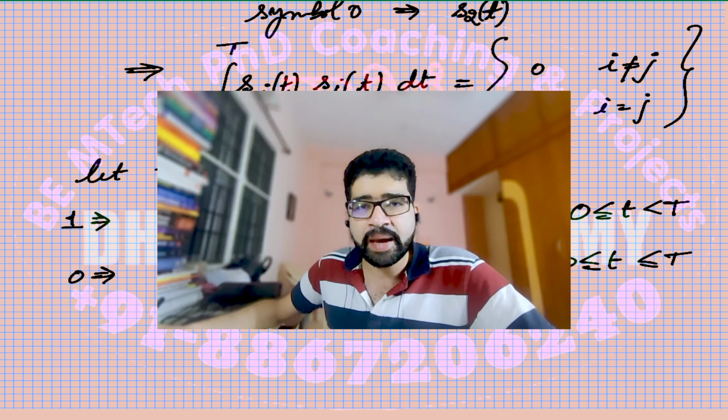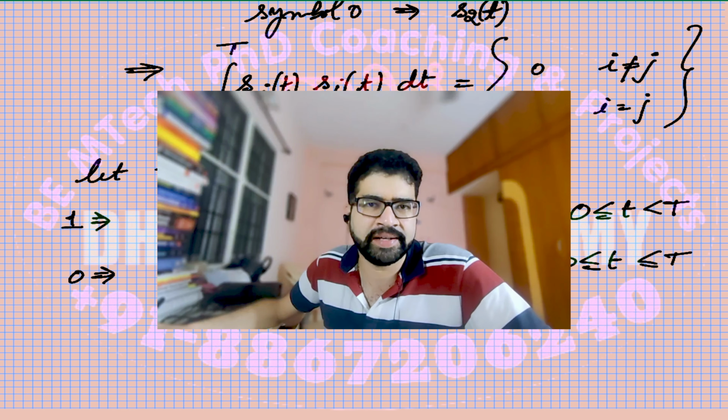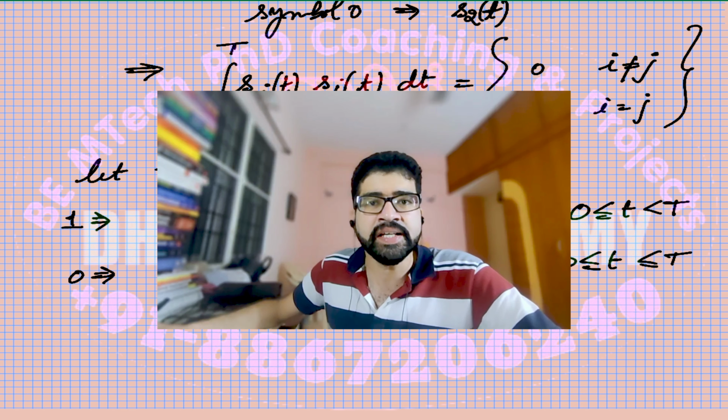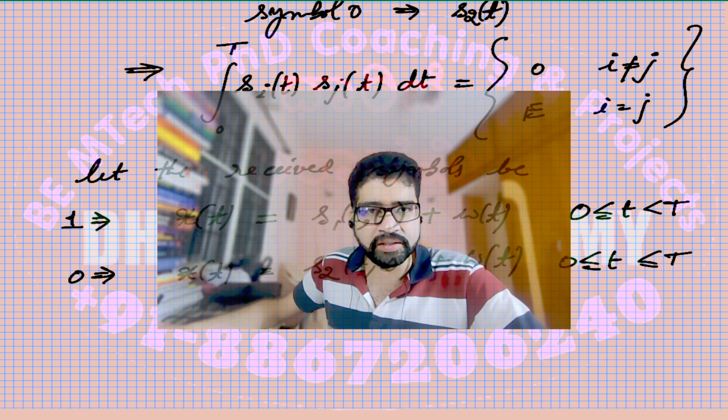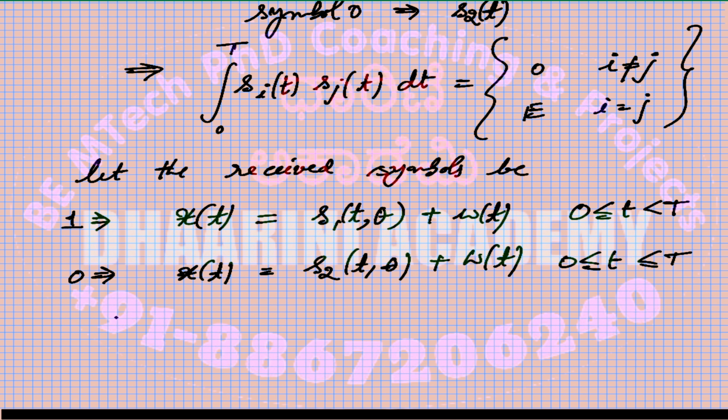Capital X will be the random variable and small x will be the values that it can take. Very similar idea: small w of t is the noise that gets added, which is a function of the Gaussian process, capital W of t. I'll write only that point here because the others we know now.